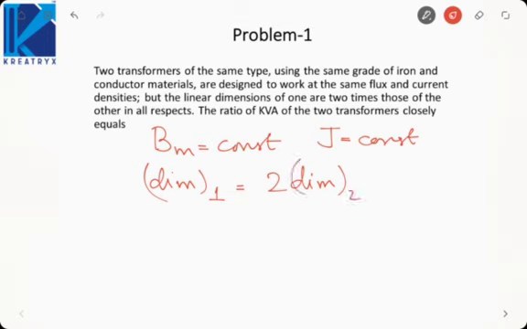Now the ratio of kVA of the two transformers closely equals. As I told you, kVA rating is proportional to dimension raised to the power 4.